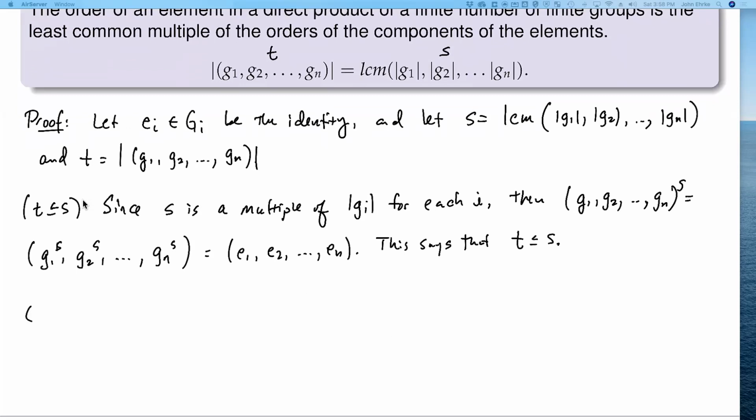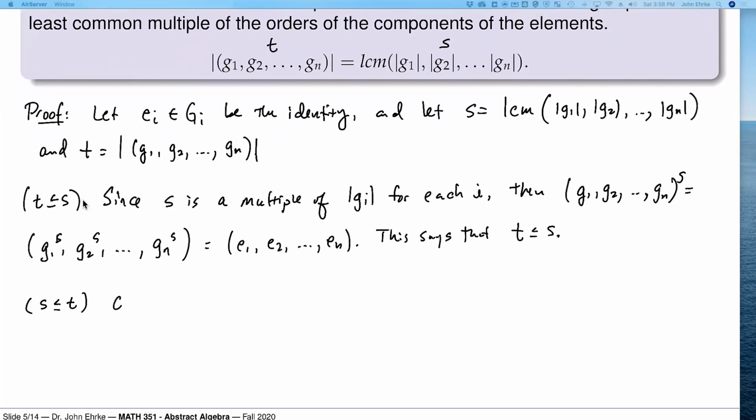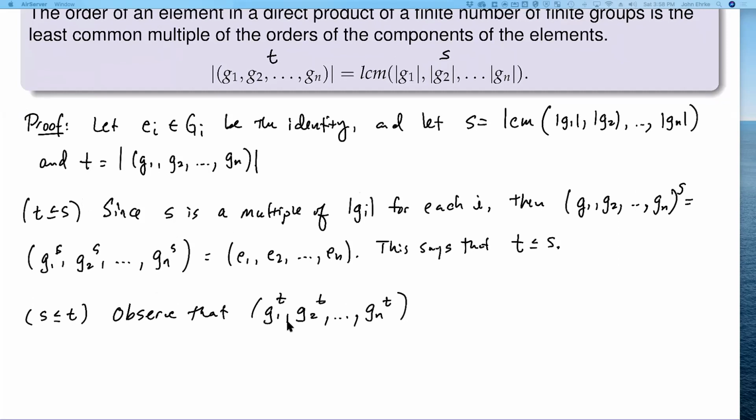Now, if I want to flip it around and show that s is less than or equal to t, the way that we're going to go about doing that is by observing that if I take each of these elements and raise it to the t, we know that that's the order of this element. We know that's the same thing as g_1, g_2, all of that raised to the t, which is the same thing as the identity.